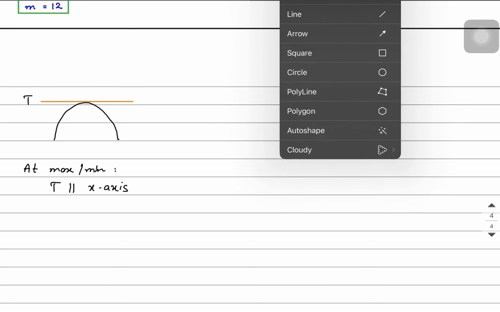So let's say we have a curve. We know that if the point is a maximum, then the tangent at this point is parallel to the x-axis. At maximum or minimum we can see that the tangent is parallel to the x-axis.